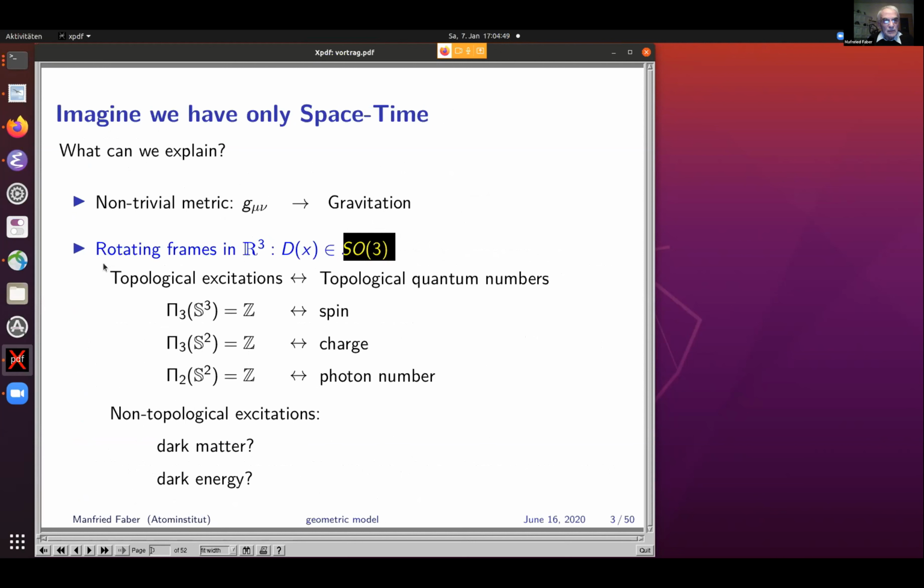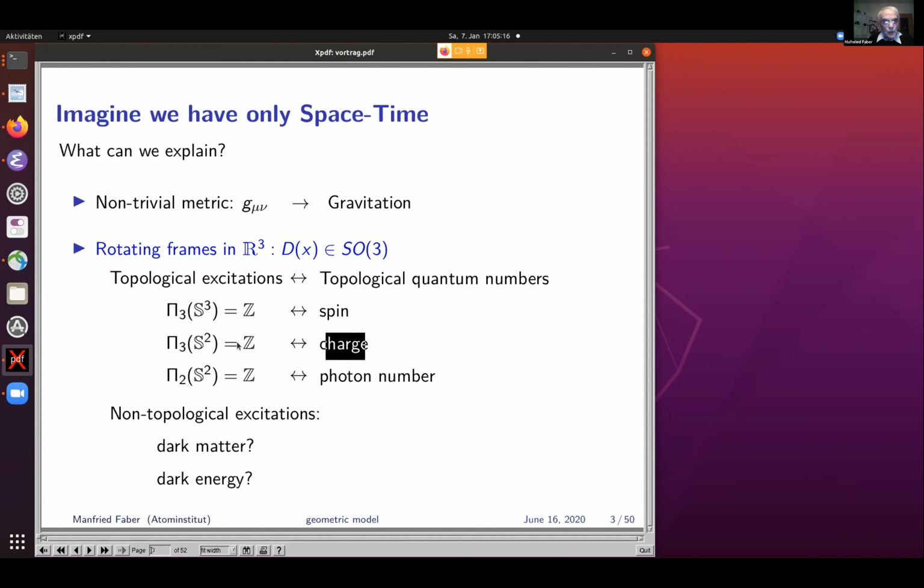SO3 has a twofold covering group, which is SU2. And this agrees with S3. SU2 corresponds to S3, and we have three quantum numbers, which are pi3 of S3, pi3 of S2, and pi2 of S2. They correspond to spin, charge, and photon number.